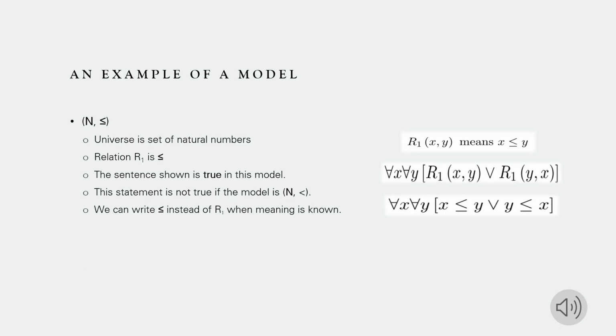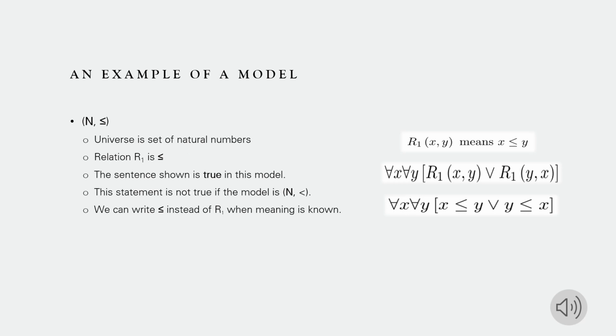Now we're going to see an example of a model. N, less than or equal. N is the universe, which is the set of natural numbers. Relation R1 is represented with less than or equal. The sentence shown here is true in the model because for all x and for all y, R1 of xy means x is less than or equal to y, or R1 of yx means y is less than or equal to x.